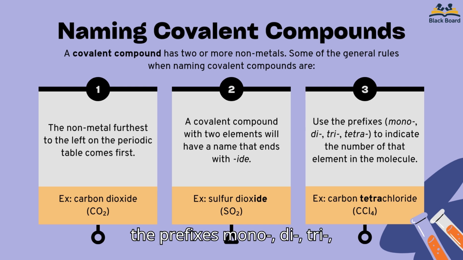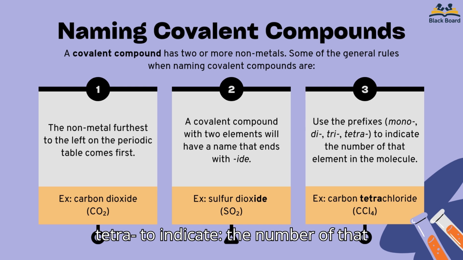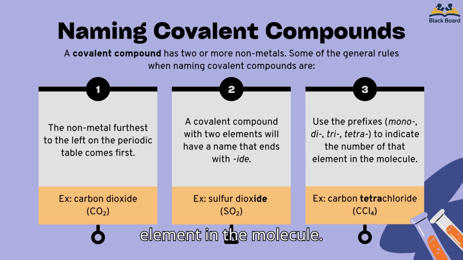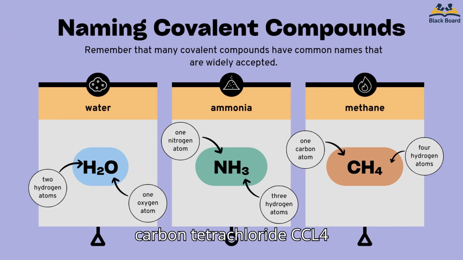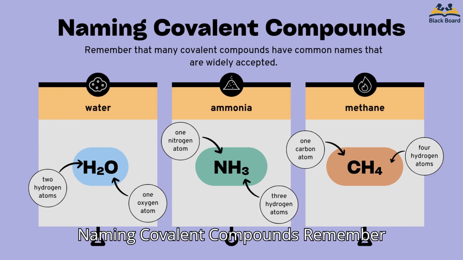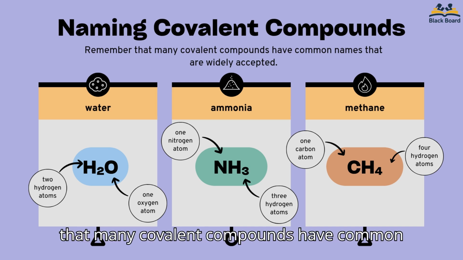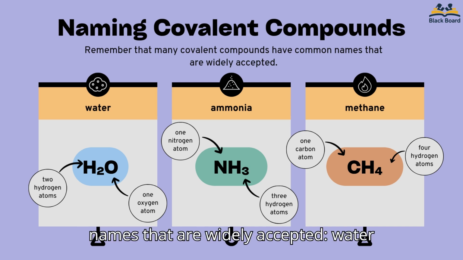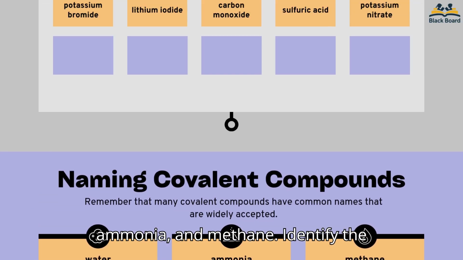Use the prefixes mono, di, tri, tetra to indicate the number of that element in the molecule. Example, carbon tetrachloride, CCl4. Remember that many covalent compounds have common names that are widely accepted: water, ammonia, and methane.